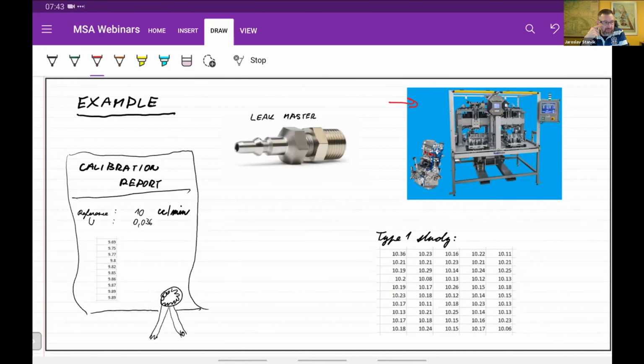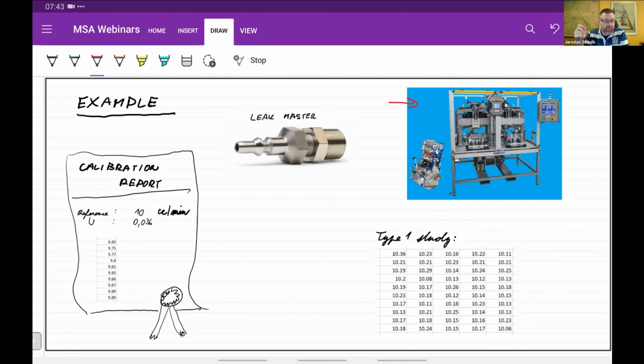And this is quite often done with leak masters. These are little objects that can be plugged onto the hoses around that machine and measure, one by one, the sensors of the leakage. And these leak masters are calibrated.